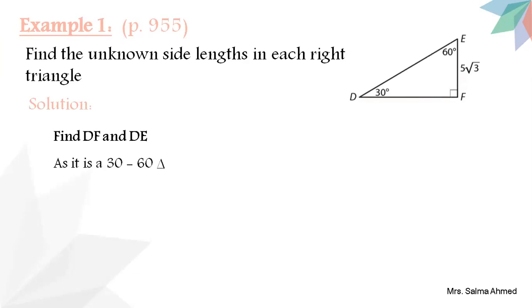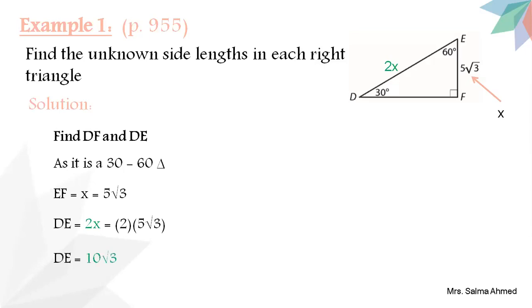As it is a 30-60-90 degree triangle, here is x, the shortest one, which is EF. I can use it and double it to get the hypotenuse. So EF equals x equals 5 root 3. If I double it to get DE, then DE is equal to 2x, which is 2 times 5 root 3. It gives me 10 root 3.